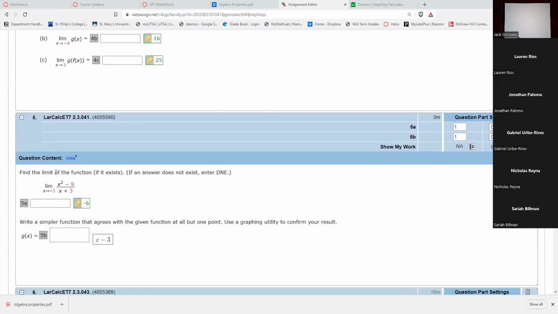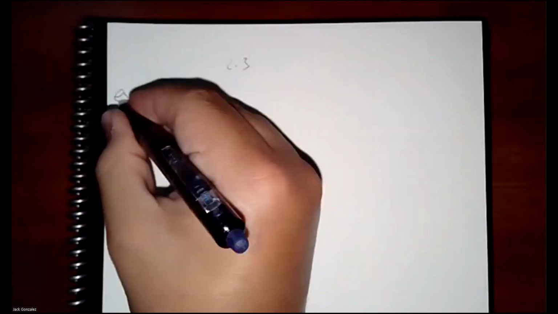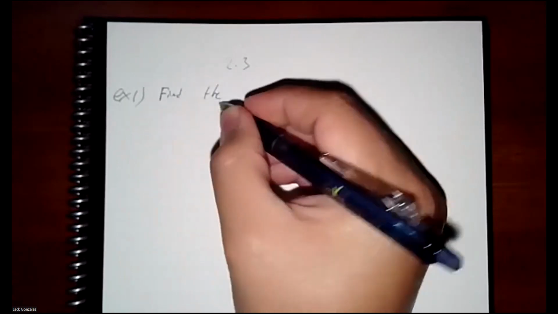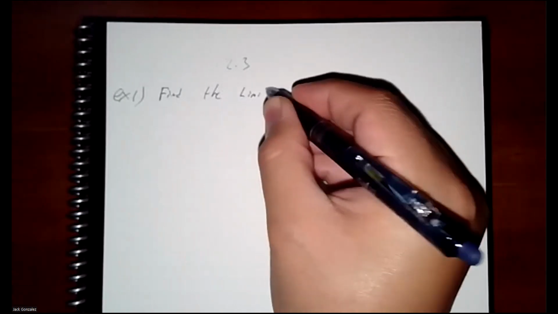Number 5 is when we got to do some algebra to help us out. We're actually going to have to work this out. Let's do 5 on paper. Find the limit.